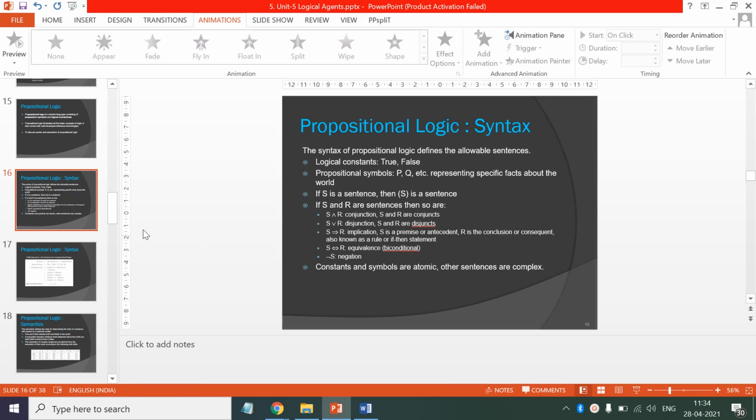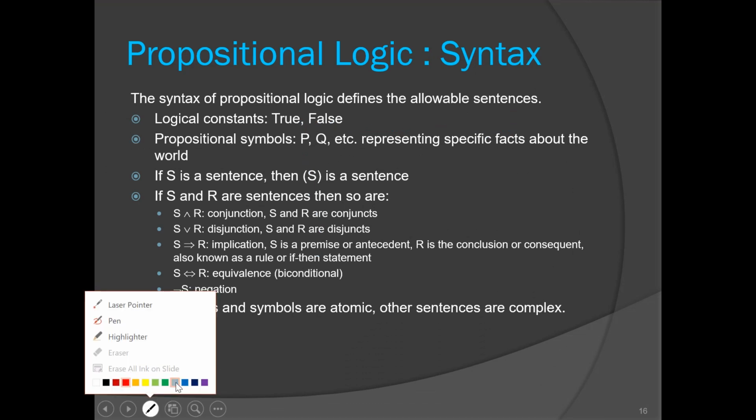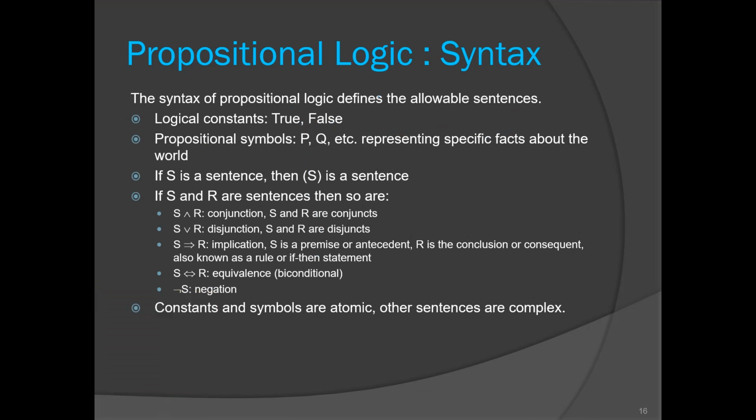Okay, before solving that problem, I want to clear one thing. Yesterday I was continuously talking about premises and conclusion, right? But then later I had a doubt whether you know what is premise and conclusion, because I think I missed this part while explaining. So in Monday's lecture we discussed the syntax of propositional logic.